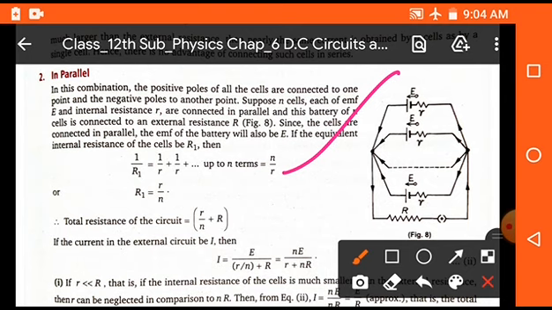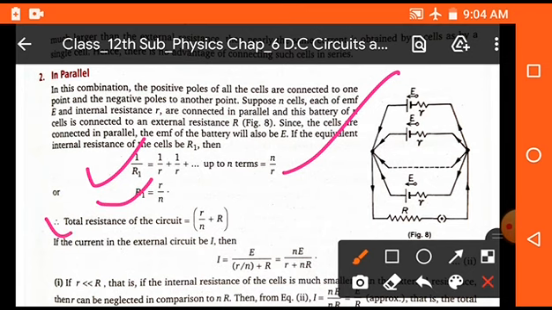Their internal resistances are small r, and they all are connected with external resistance capital R and key. Now, first of all, we will find the total internal resistance. So 1 upon R1 is equal to 1 upon r plus 1 upon r plus 1 upon r, n times. That means n upon r. So R1 will be small r upon n.